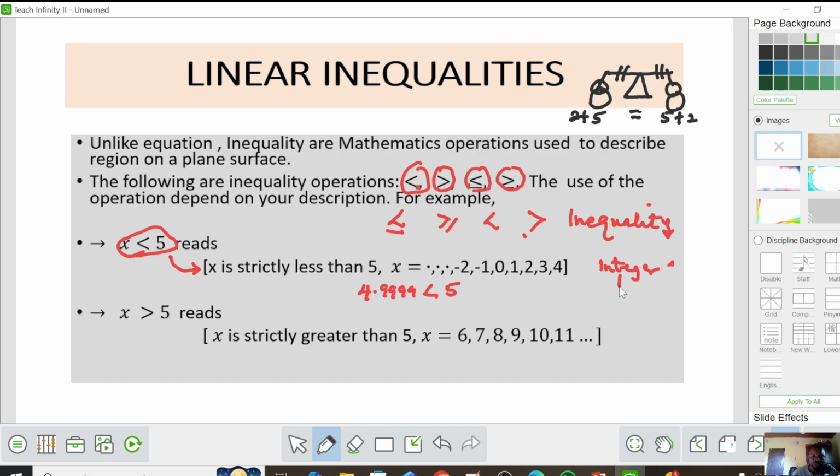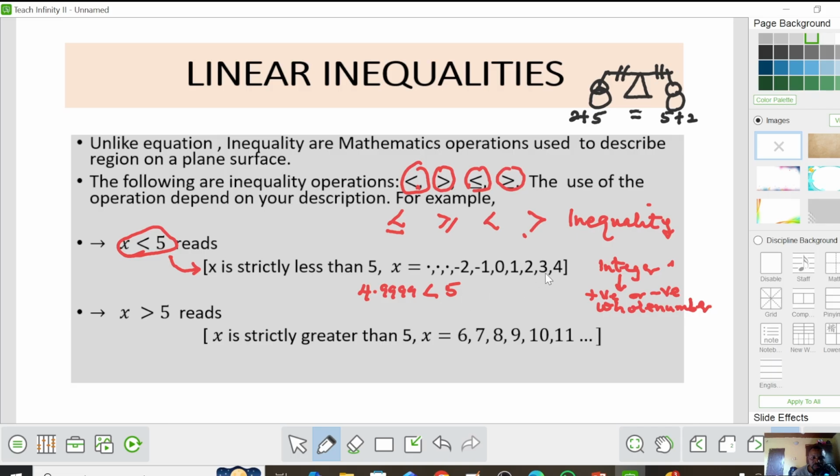When we talk of integers, we talk of both positive and negative whole numbers. So if I consider only whole numbers, they are 4, 3, 2, 1, 0, -1, -2, -3, -4, continuing like that. They are all less than 5. This is how you say a number is less than 5.